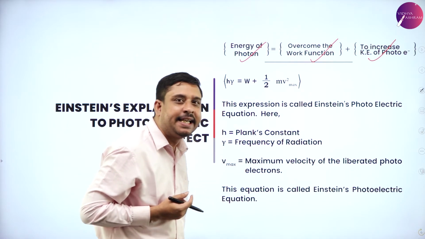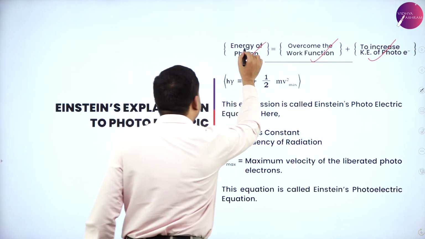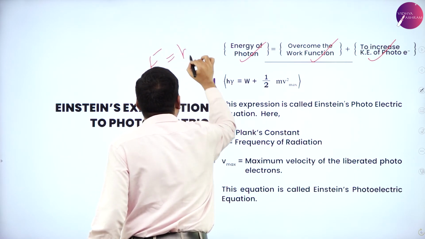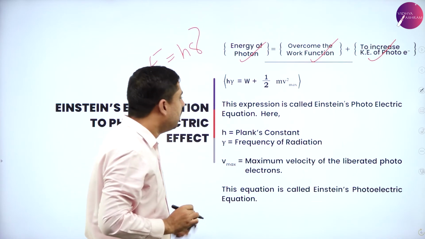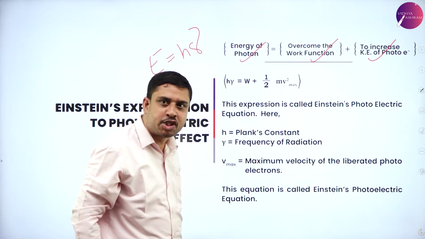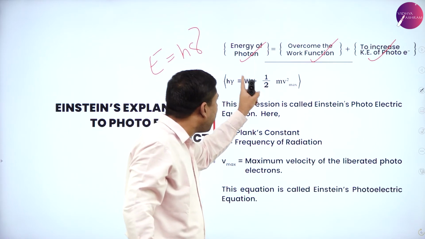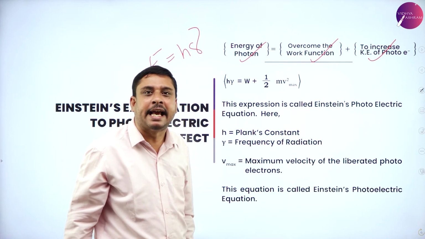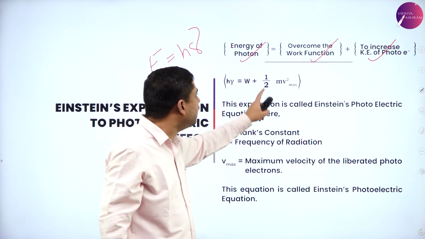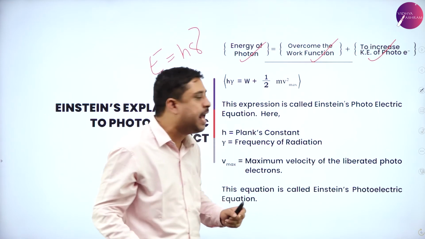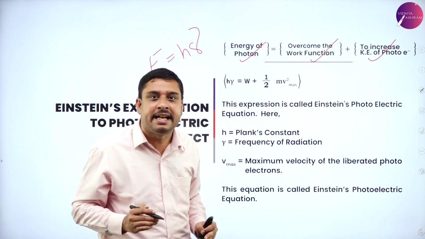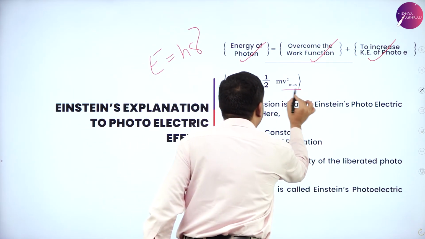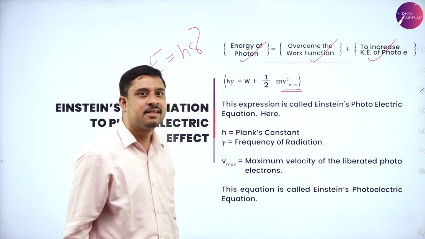Now, writing in terms of equation, energy of the photon is always written as h nu. So, energy of the photon is h nu, work function is W, increase in kinetic energy. Generally, kinetic energy is half mv square. Now we are increasing the kinetic energy, we are increasing the velocity, so half mv square max.